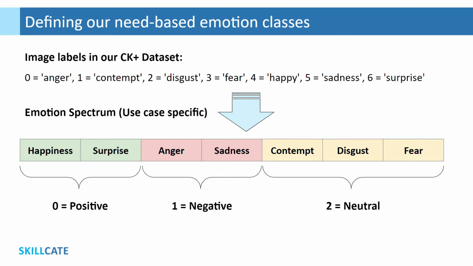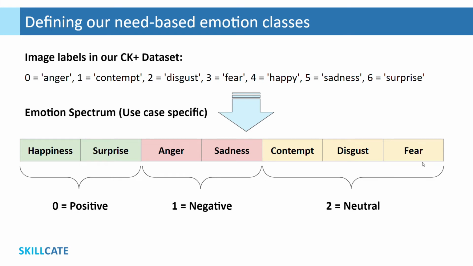Alright, let's come back to our problem statement now. So for a retail store that wishes to understand the emotion their store visitors have at the entry point, they don't want to go into the detail of emotion. They simply wish to understand if the emotion is positive, which is happiness or surprise, or negative, which is anger or sadness, or neutral, which is contempt or disgust or fear.